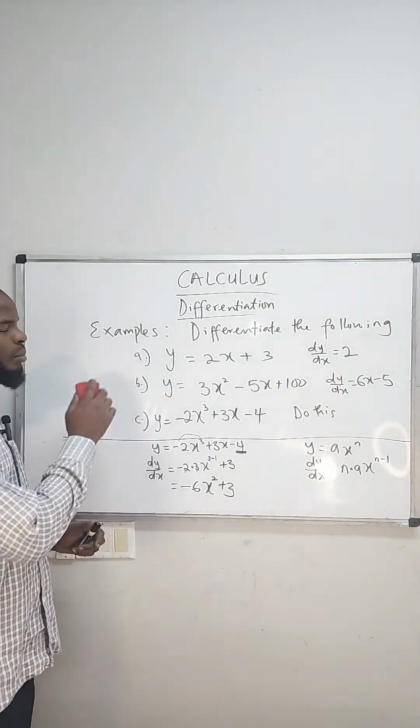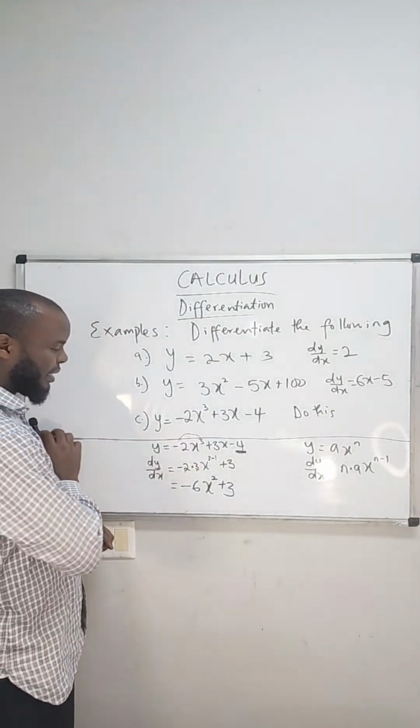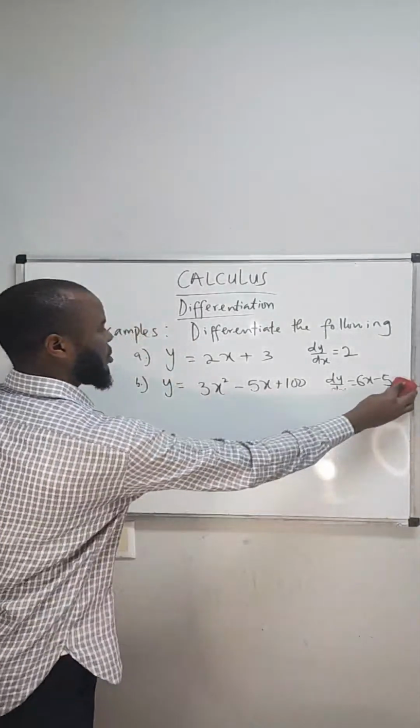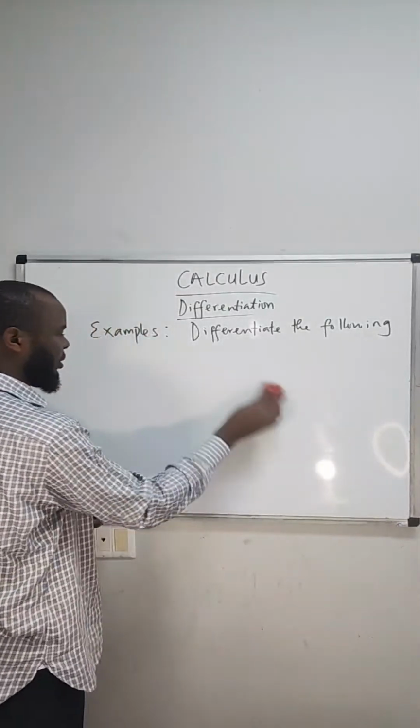Now, before I move away from this, let me just clean this. I just want to test your knowledge on something. I have one more question on this before I move away.